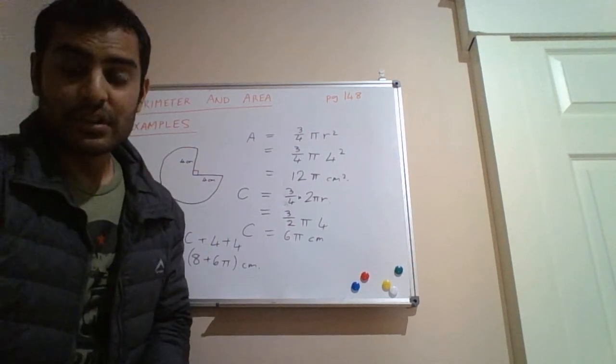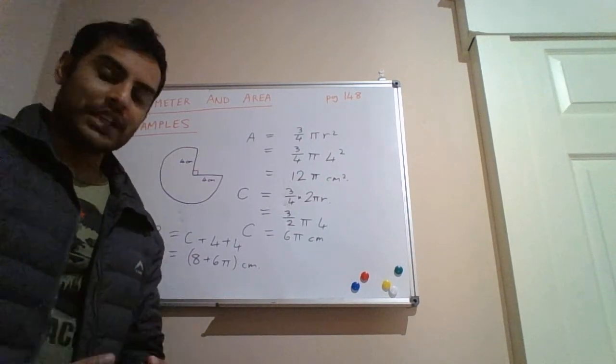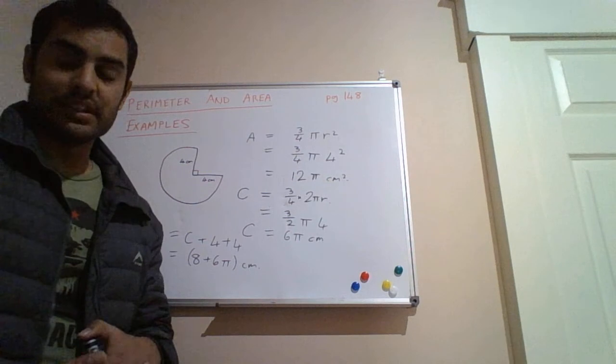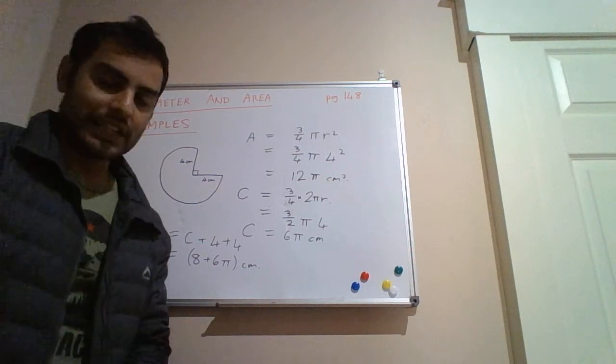Okay, now I want to look at another shape. It's going to be a compound shape. So it's a mix with a rectangle and a triangle. So this is just to save a little bit of time.